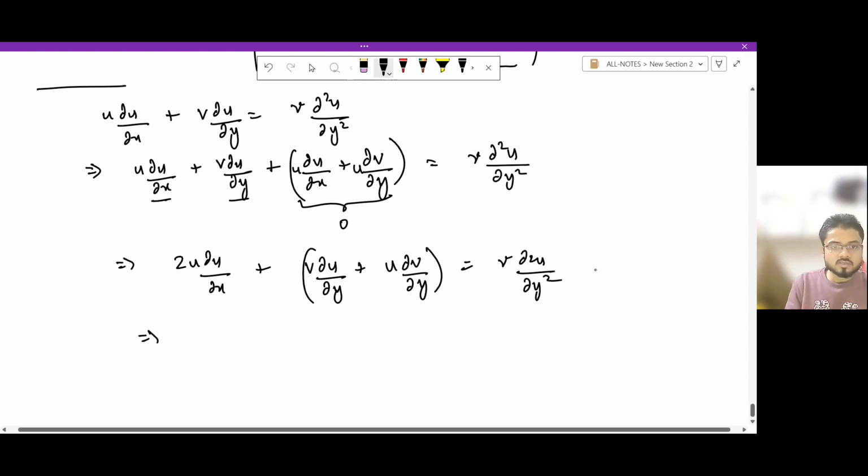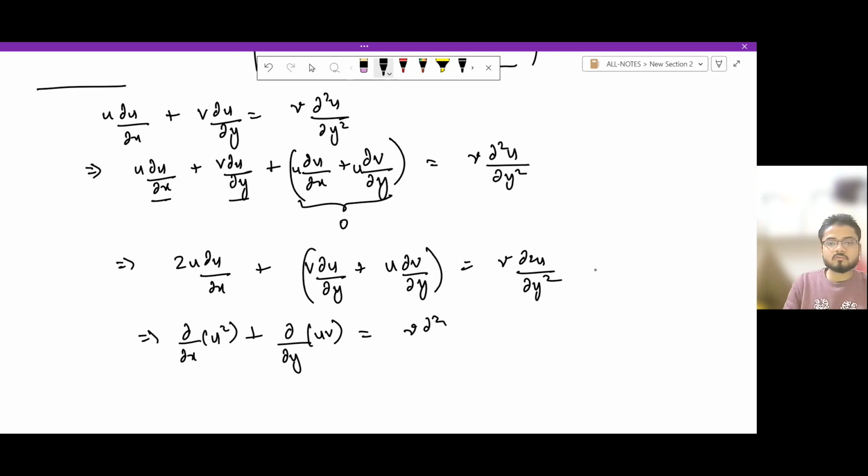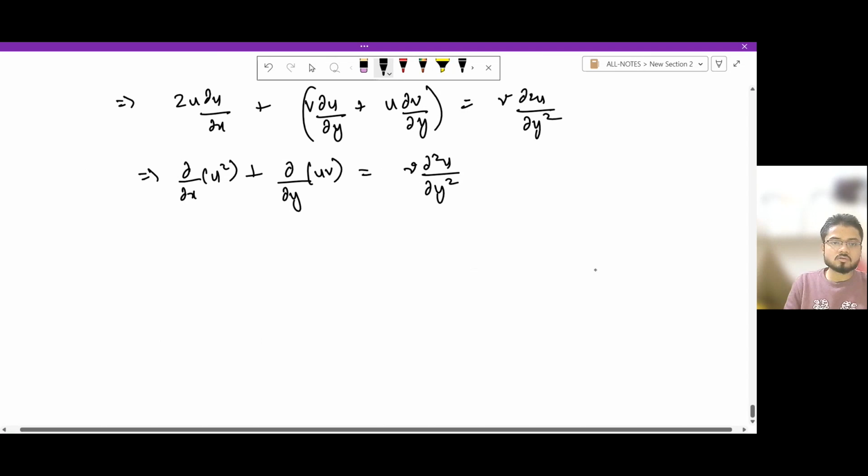And what is this? This is del over del x of u squared. It's easy to notice this, right? And this is del over del y of uv. Look how beautiful this technique is. Using one equation, you can transform the other equation into a form that is much more readable.